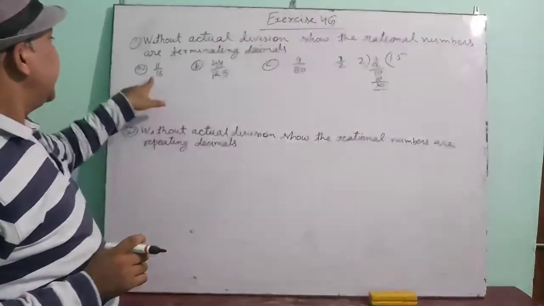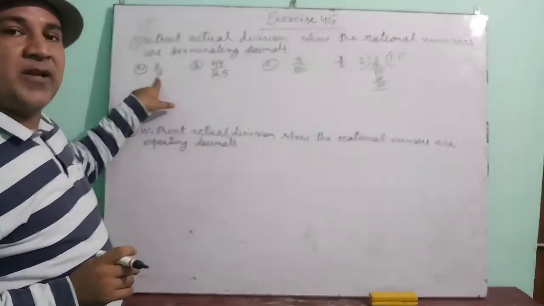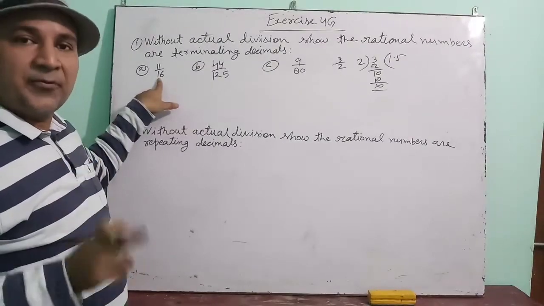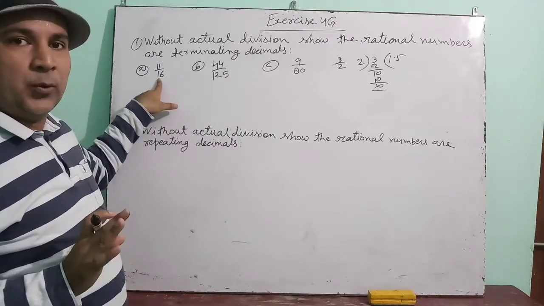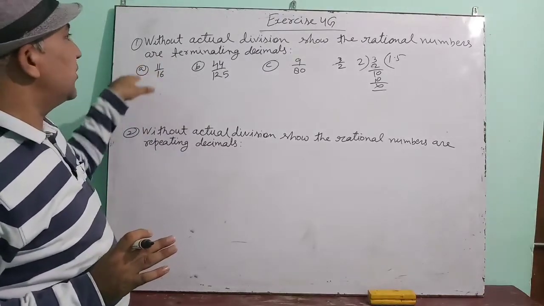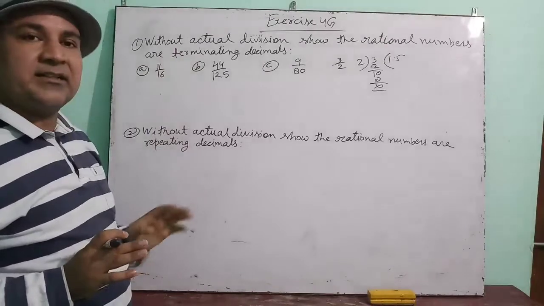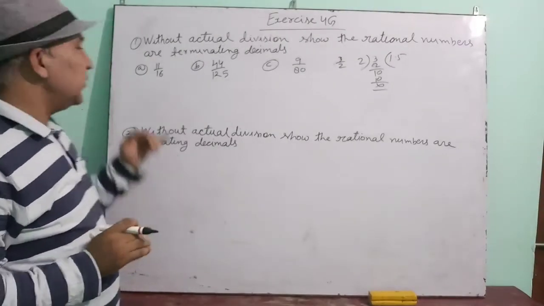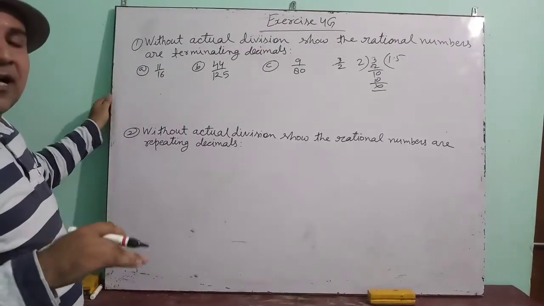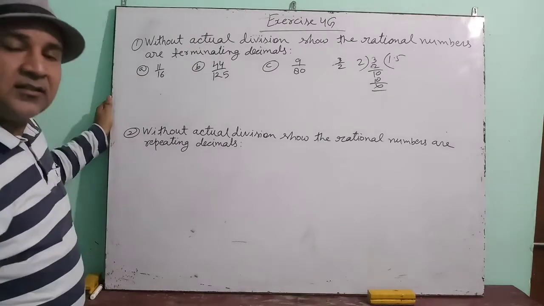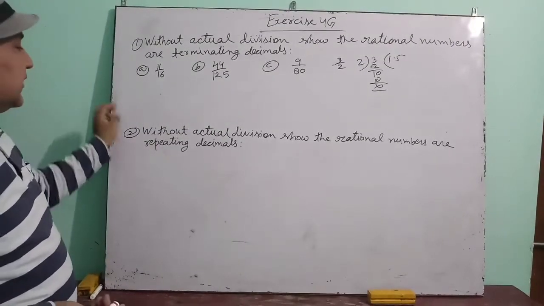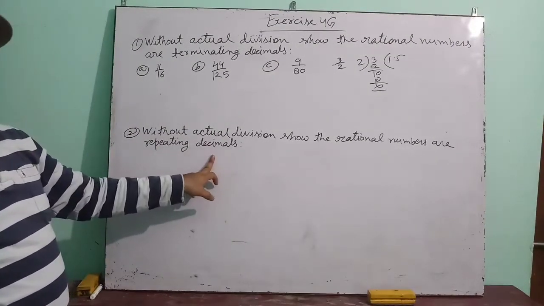If the denominator's factors are 2 or 5 or 2 and 5 both, then the rational numbers will be terminating decimals. And if the denominator has factors other than 2 and 5 also, then that will be a repeating decimal.